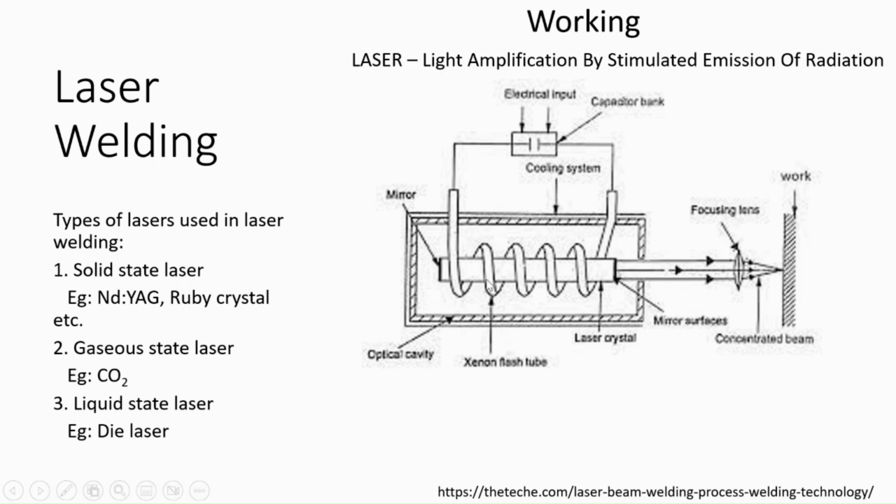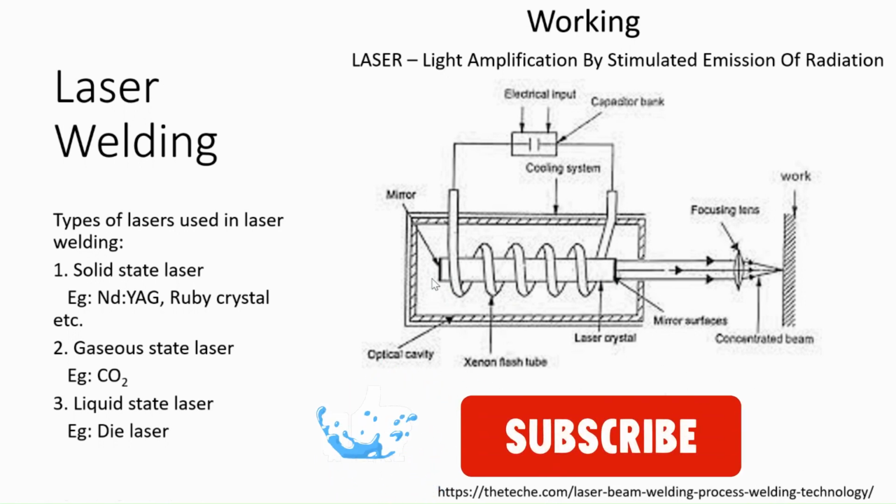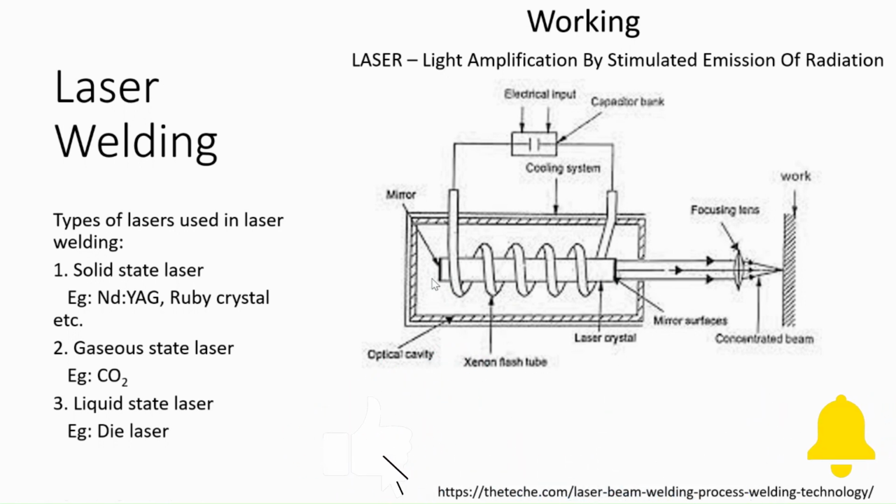There are mirrors on both sides. This one is a completely 100% reflective mirror, and this is a partially reflective mirror. These mirrors reflect the photons, and since some electrons are already in the higher energy state, the photons stimulate them to come back to the lower energy. Indirectly, energy conservation is working here.